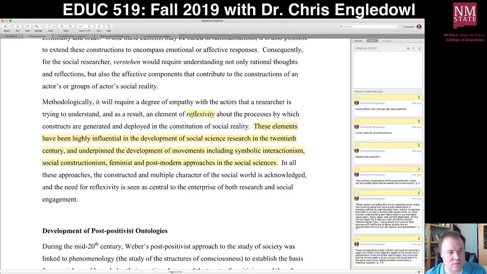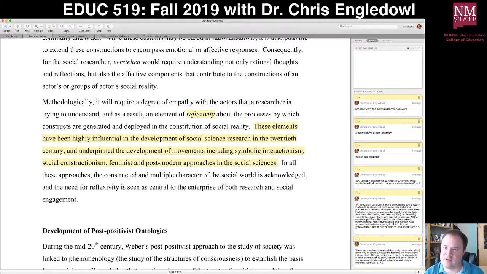Methodologically, they talk about this underneath this statement on the same page, about requiring a degree of empathy with the actors or researchers trying to understand, and an element of reflexivity about the processes by which constructs are generated.